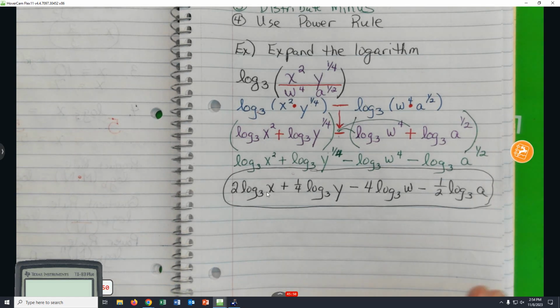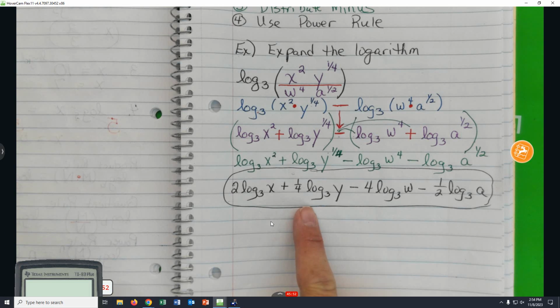Looking at the final answer and the original problem. Wait, let him finish writing it down. The first thing I always ask myself, when I'm looking at a logarithm and I'm going to expand it, is how many logarithms will I have in the expansion?